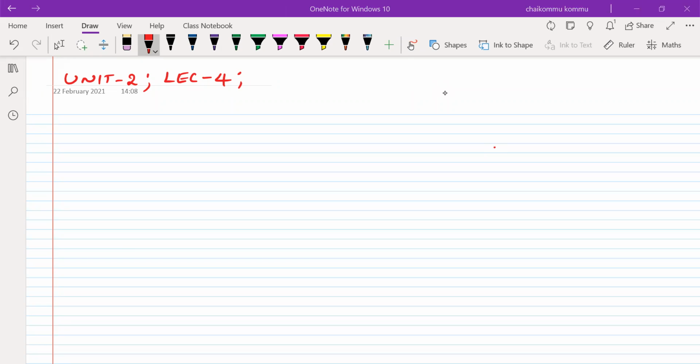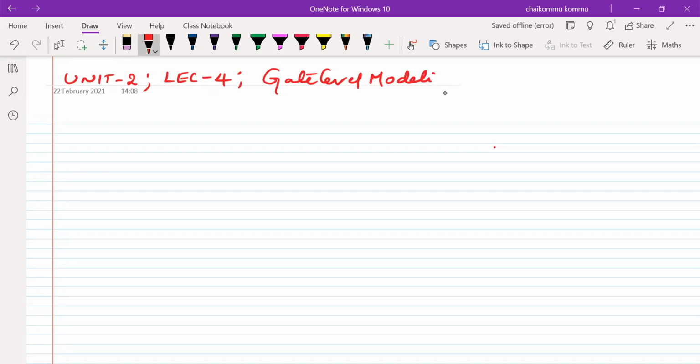So we are going to look at some gate level modeling examples. In the last class we started describing the byte comparator.